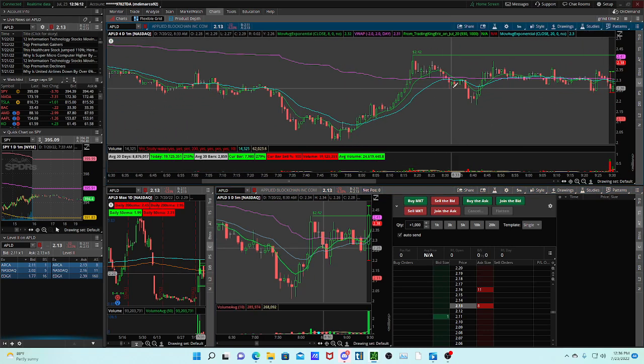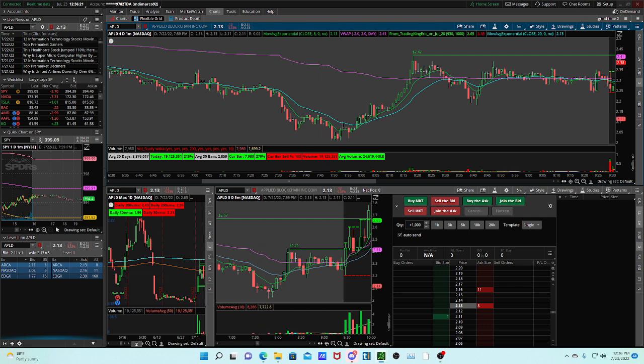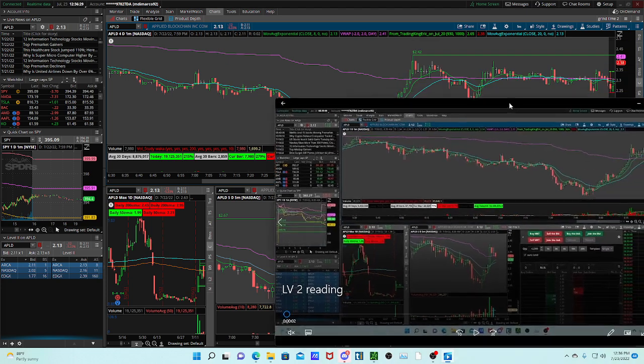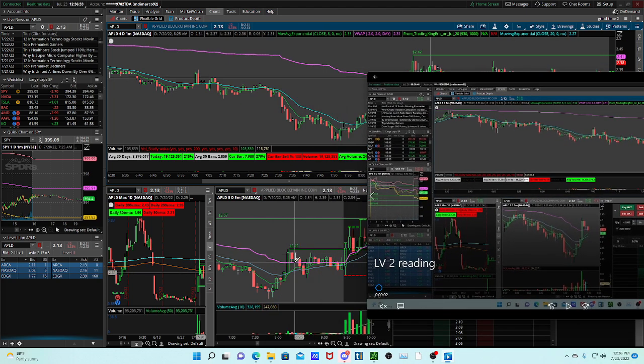This is actually that same setup right here. Okay, cool. You see how that setup was right here in this video, and it's right here, and then it dumped all the way back down, and then a buyer stepped up right here.